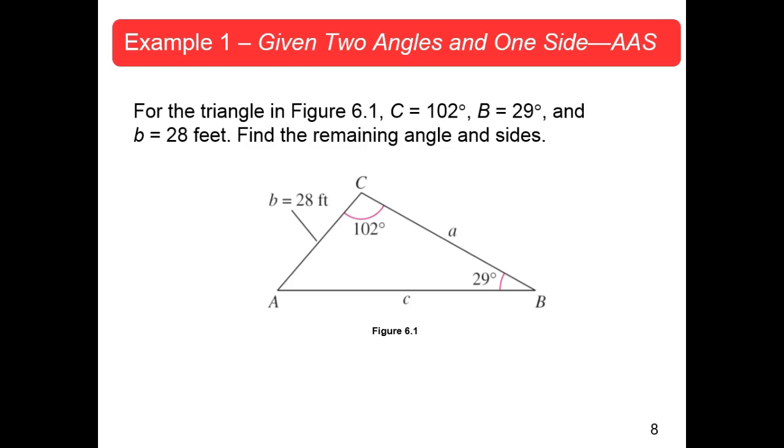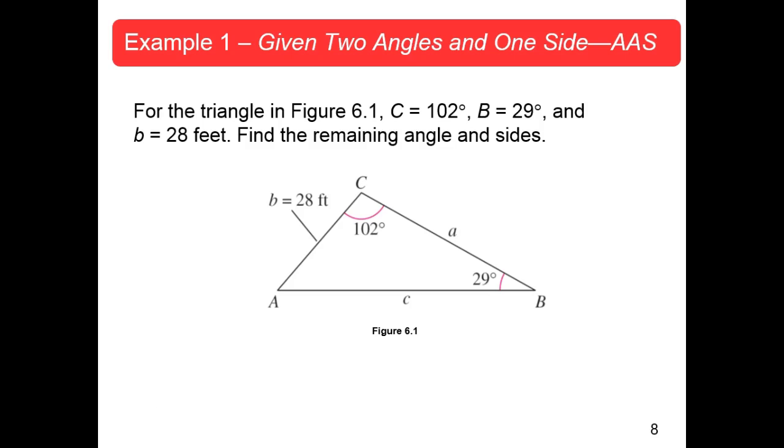The second angle you know is angle B, and that's 29 degrees. And you know the side opposite B, which we call little b, is 28 feet. It said find the remaining angle and sides. Okay, we've got three more things to find. It's called solving the triangle.